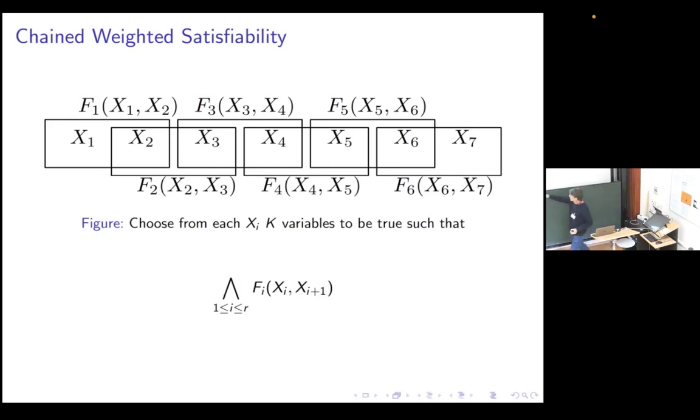But my formula is just the big AND of something which is about the first and second set, and another part of the formula goes about the second and third set, and so on. So the conditions are on these pairs of sets.